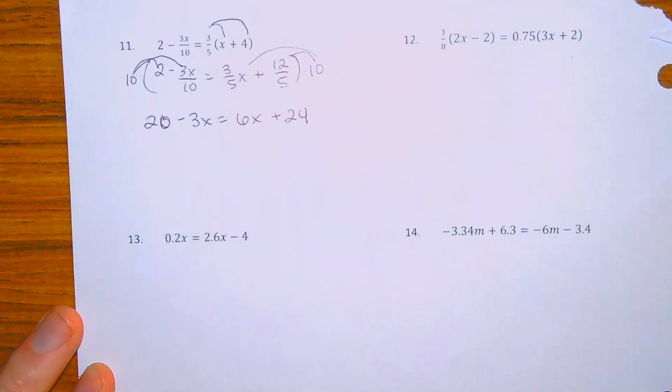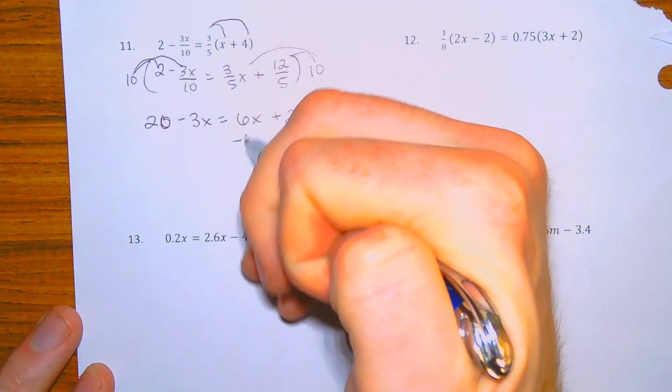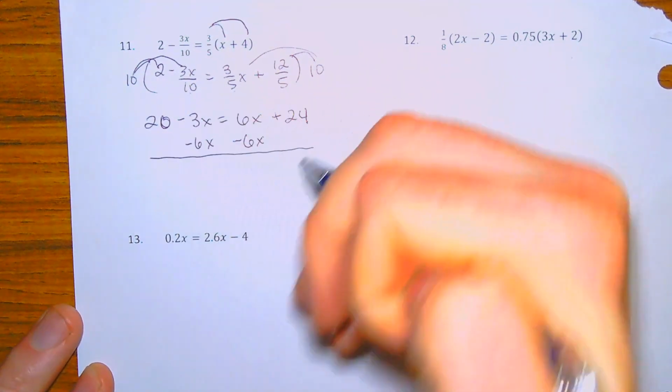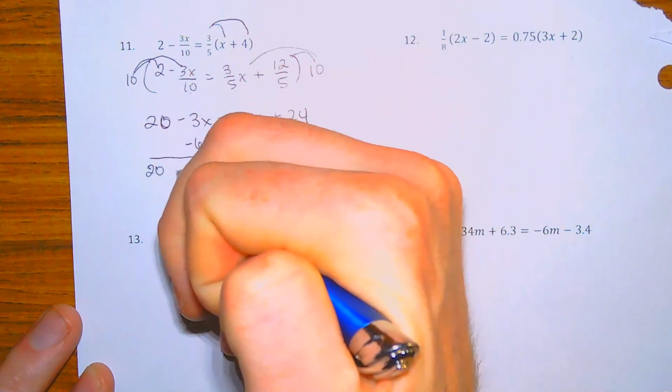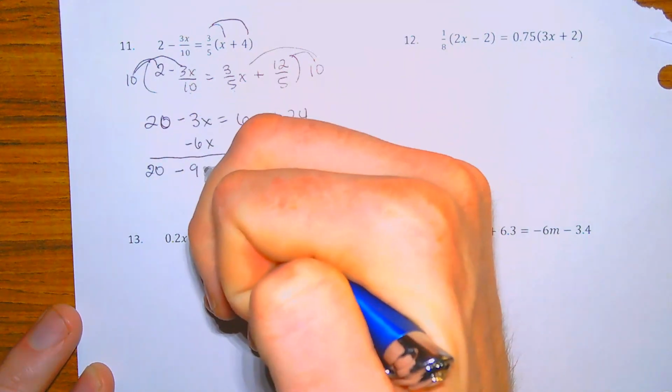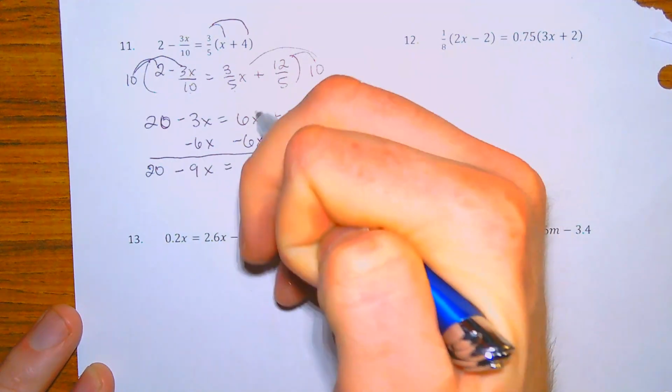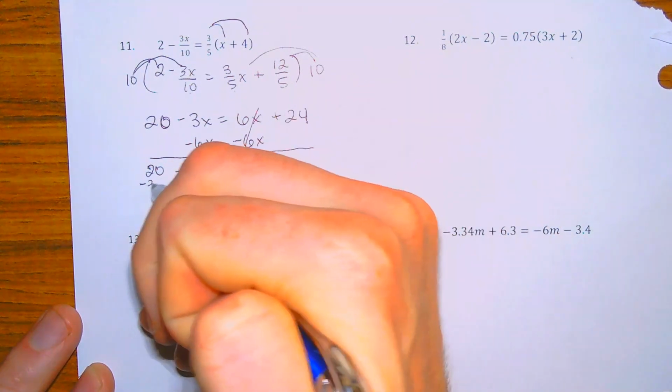Okay? Our next thing, remember, you want to move your variables to the left. Negative 3x minus 6x is negative 9x equal to 24, because our 6x is canceled, minus your 20.